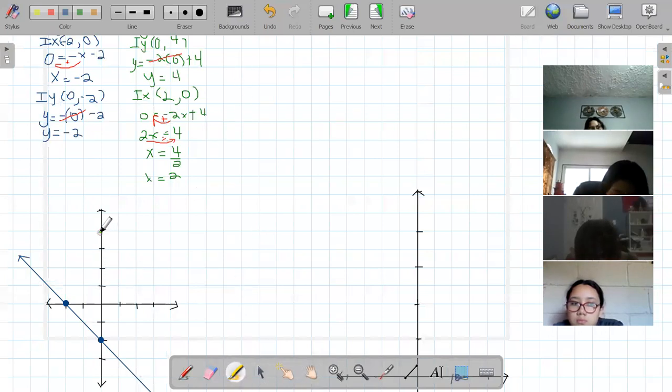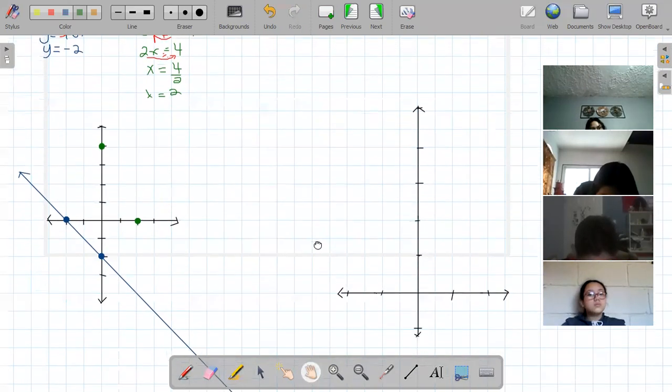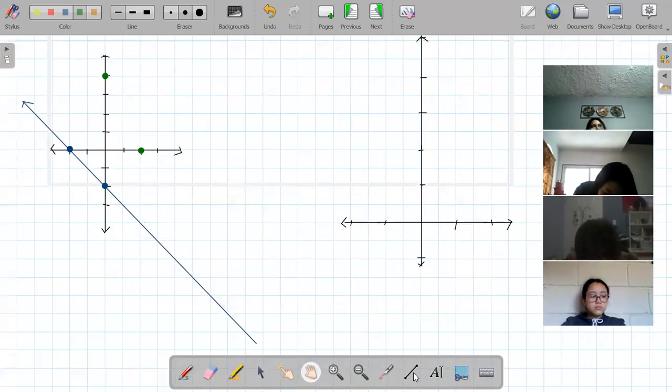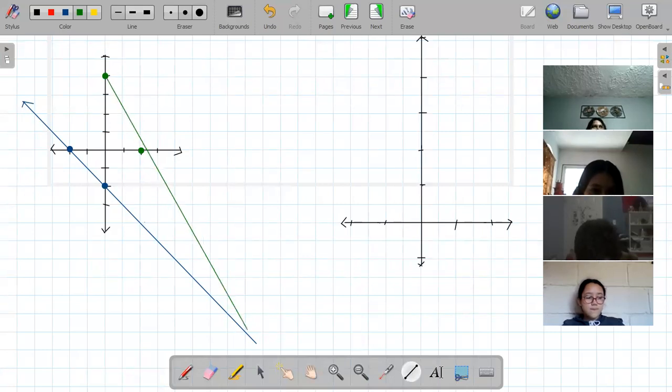So 1, 2, 3, 4. And 2, 0 on the x. So 2 is over here. I'm moving this so I can graph it properly. And I'm going to connect those 2 points with a straight line passing through the center of both points.